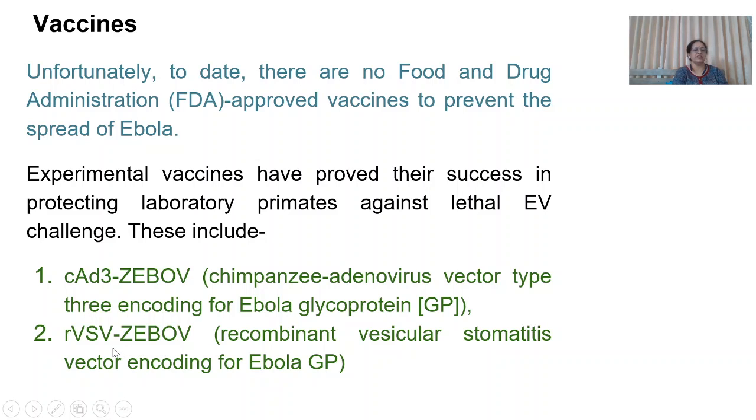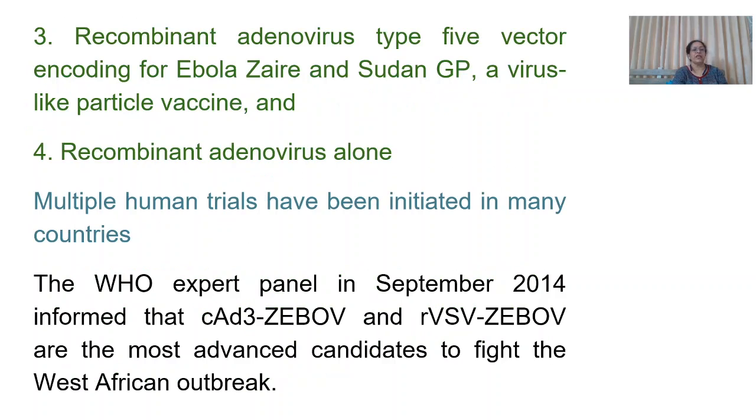Second one is a recombinant vesicular stomatitis vector encoding for Ebola glycoproteins. This is also called the rVSV-ZEBOV vaccine. Third one is recombinant adenovirus type 5 vector encoding for Ebola Zaire and Sudan GP, a virus-like particle vaccine. And lastly, recombinant adenovirus alone.